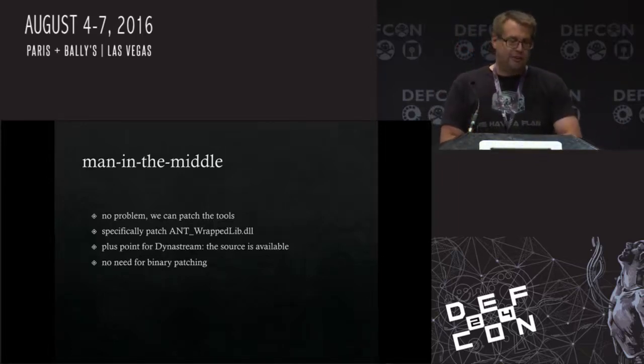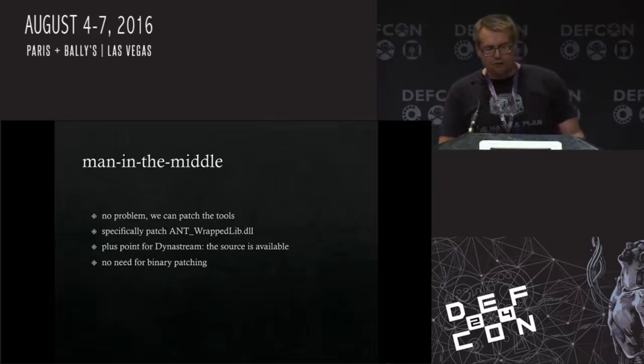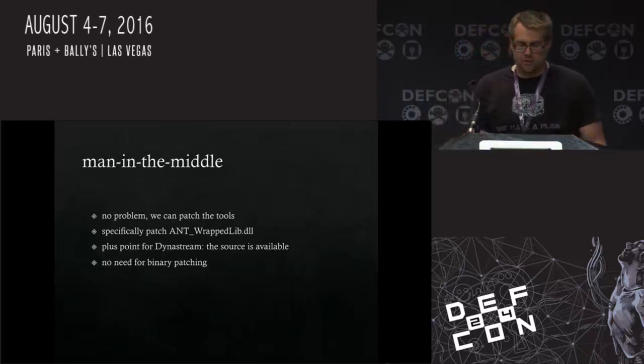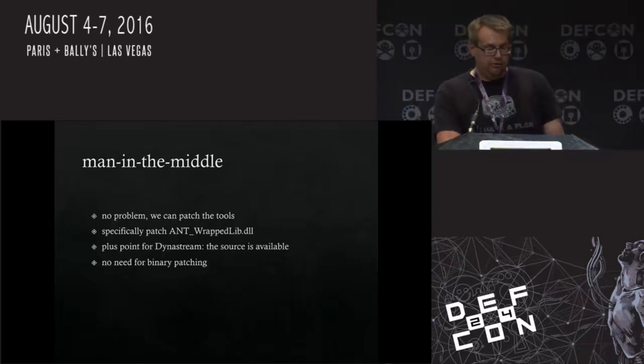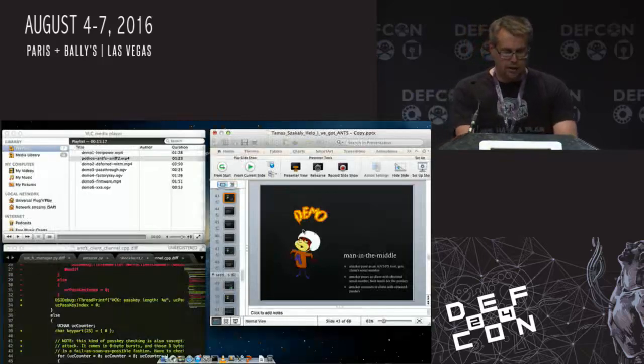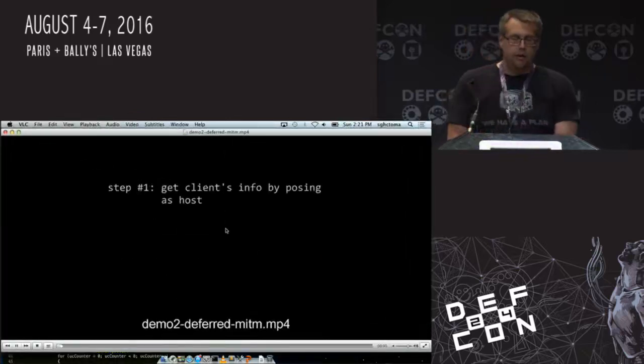I found out that the ant_wrappedlib.dll contains the code path for this functionality. I almost started to binary patch it, but noticed just in time that Dynastream actually released the source code, so I just have to modify the C code and recompile the DLL to do this attack.